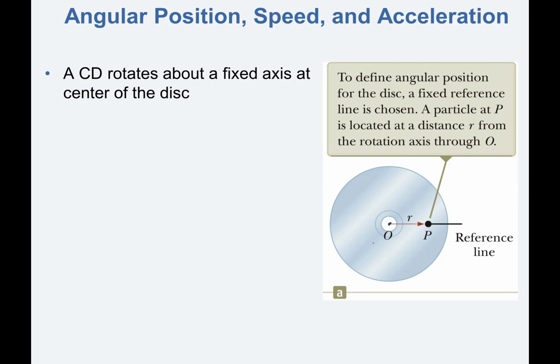So we're going to use the same Cartesian coordinates that we did before, where this is the x-axis, this is the y-axis. But on top of that, we're also going to use polar coordinates, because the rotation kind of combines both of those things, and generally it's a little bit easier when we use polar coordinates.